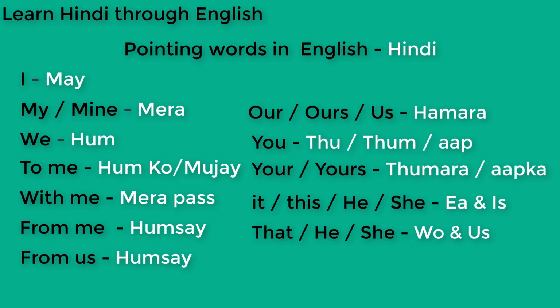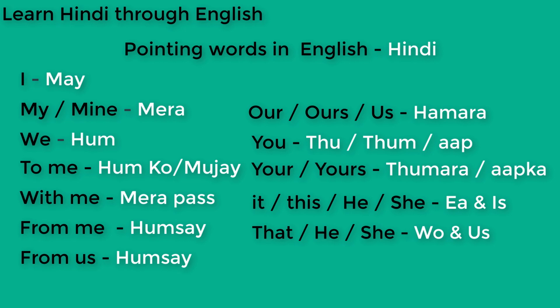Our, ours, us, हमारा. You, tu, tum, aap. These are three levels of respect. Tu is considered very casual and it can be used with very close friends and elders. Tum is neutral. Here we are not providing any respect.